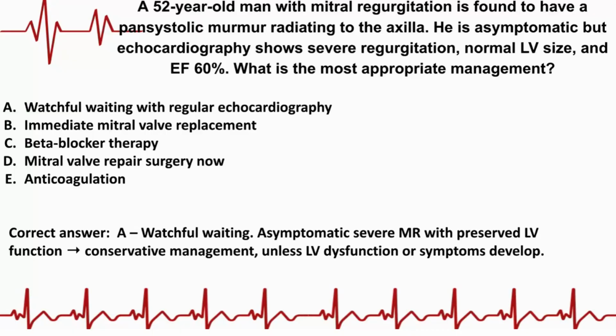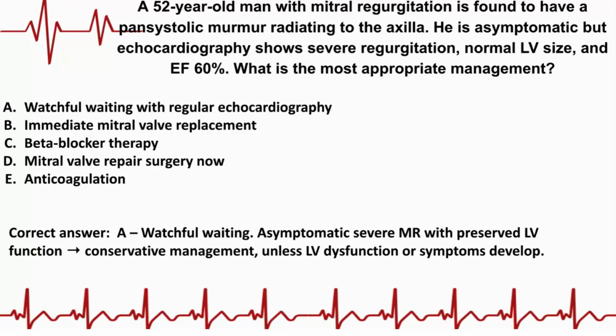I know it's not 100% clear from that question, but the main thing here is that he is asymptomatic. He has severe regurgitation, but what should we actually do in this situation? Well, we will watchfully wait.